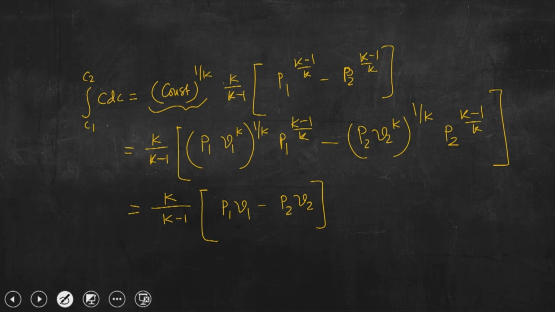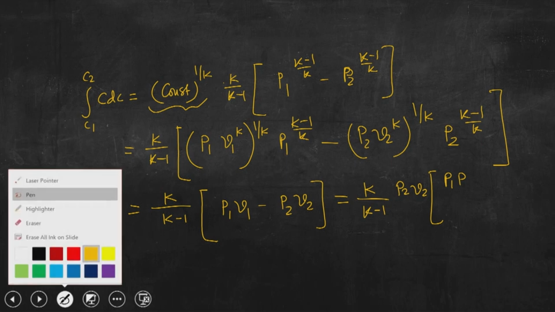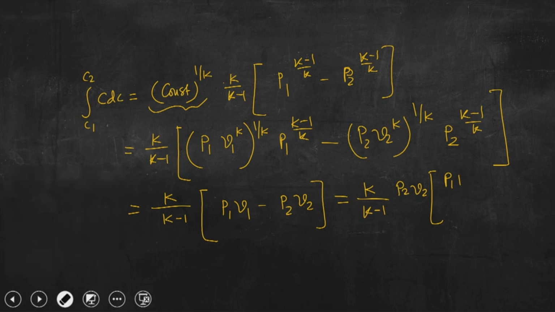What we can do further is take P2 V2 outside. So, k by k minus 1 P2 V2 into P1 V1 divided by P2 V2 minus 1, right.